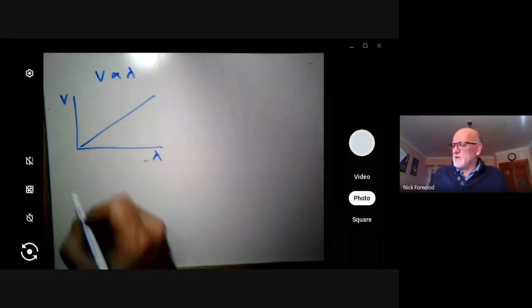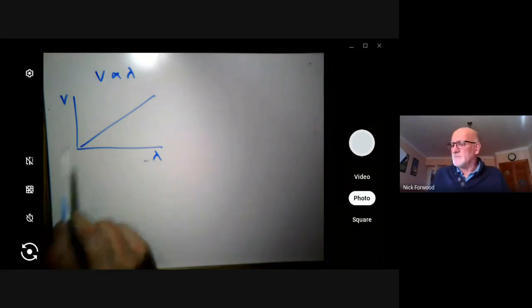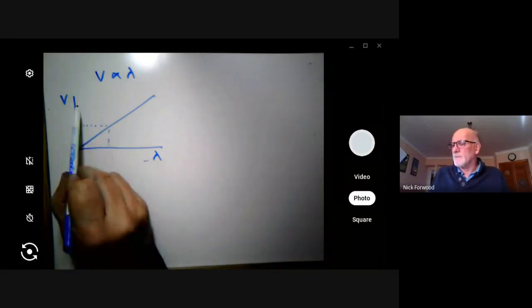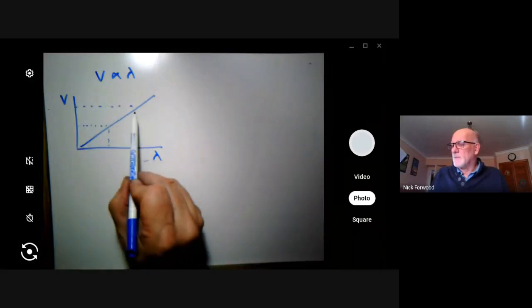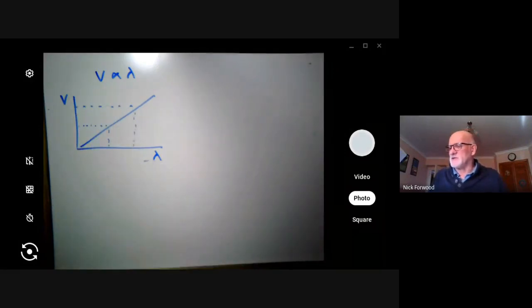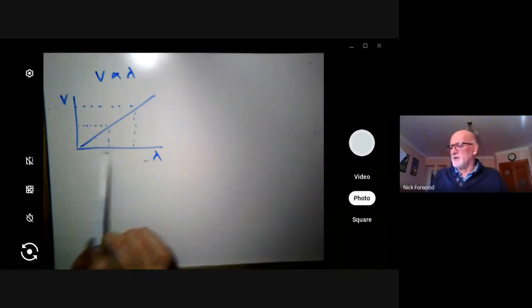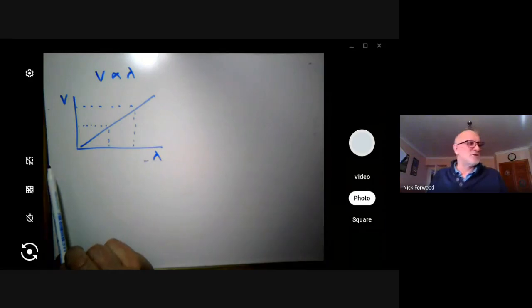So we can measure the velocity at a number of places on this graph, and the corresponding wavelengths, and velocity divided by the wavelength would actually mean something.